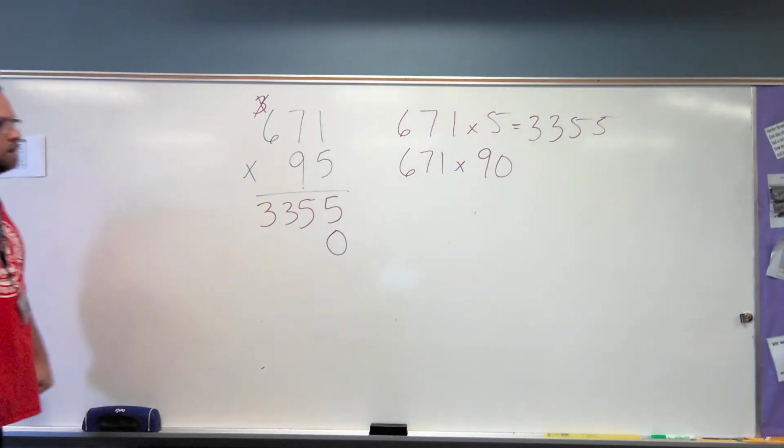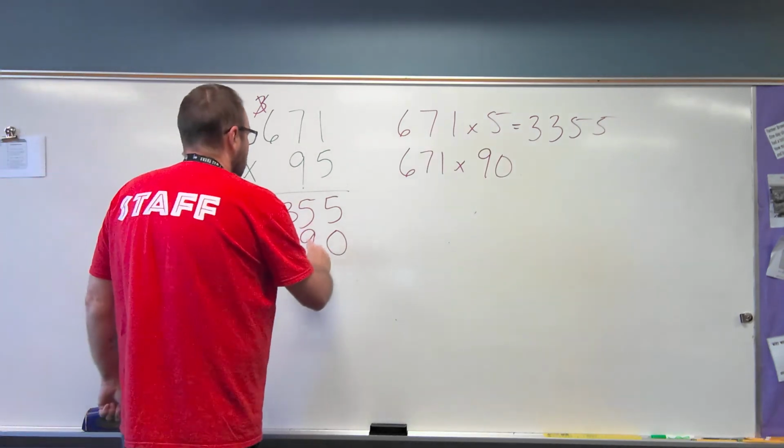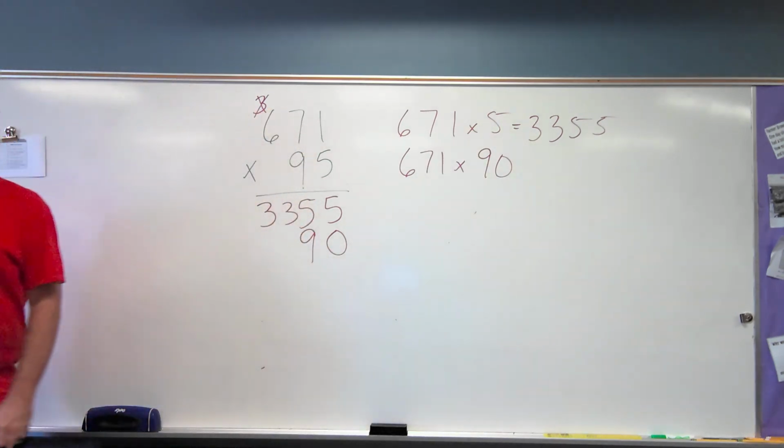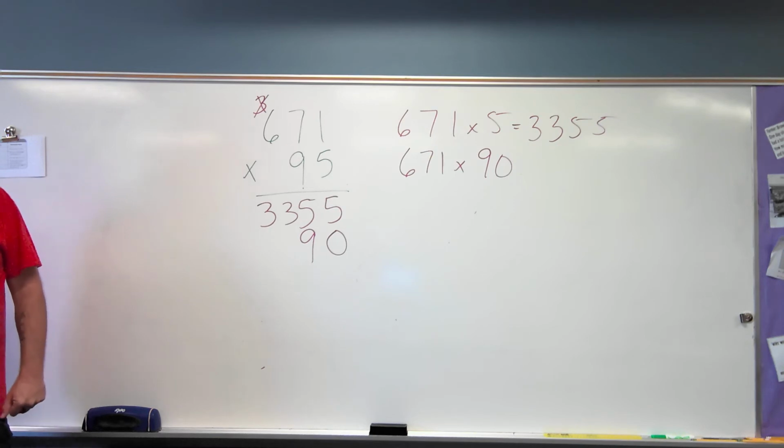All right, McKenna, 9 times 1 is? 9. McKenna, 9 times 7 is? 63. Good.